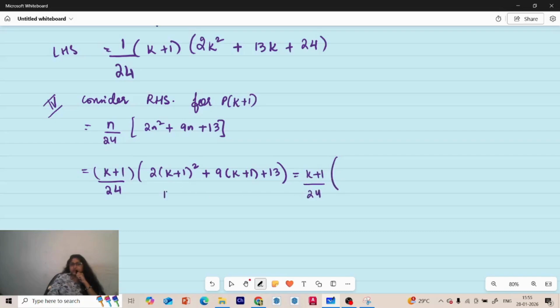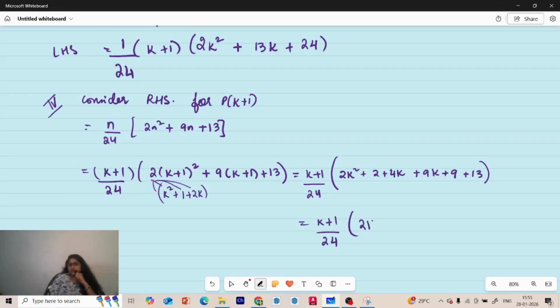2 into k plus 1 whole square is k square plus 1 plus 2k, into 2. I'm just writing and multiplying right here. So it is 2k square plus 2 plus 4k, am I right, plus 9k plus 9 plus 13. This is k plus 1 by 24 into 2k square plus 4k plus 9k, that is 13k, plus 9 plus 2 is 11, and 11 plus 13 is 24.